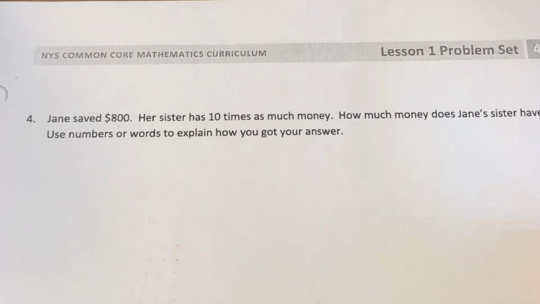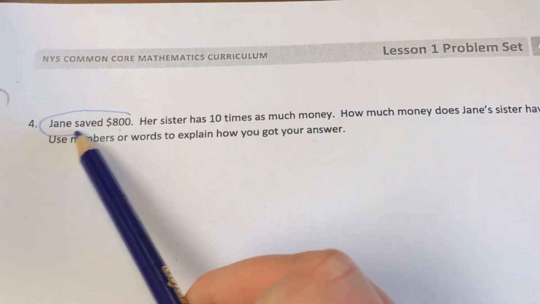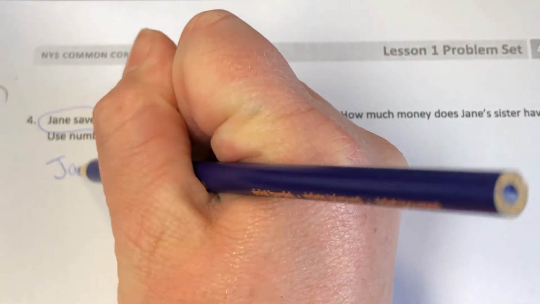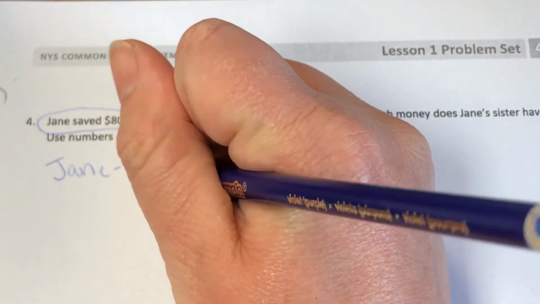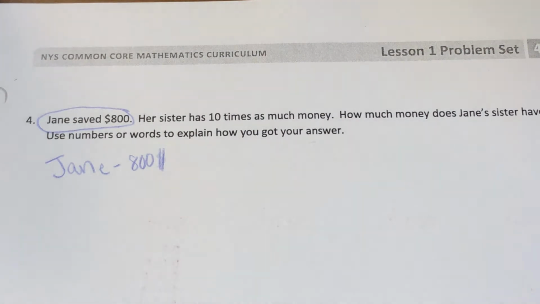So the first thing I'm going to do is pull out the information that I need. So Jane saved $800. So I'm going to go over here and put Jane, and I'm going to put she has $800. Her sister has 10 times as much money.